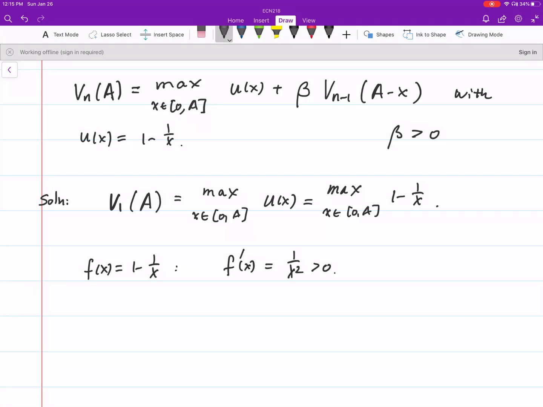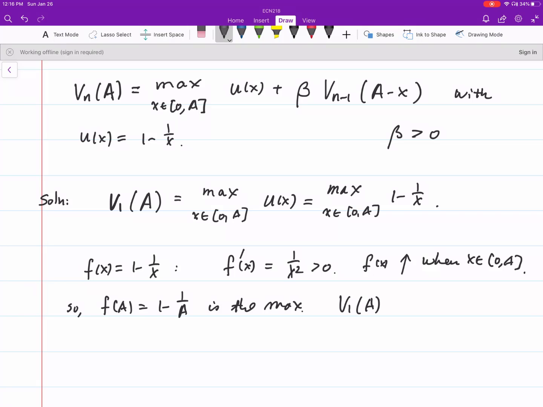So we don't have any critical value between 0 and A. What it means is that f of x is simply increasing when x is between 0 and A. Because it's increasing, f of A is the largest. f of A, which is 1 minus 1 over A, is the maximum. So V1 of A is going to be simply 1 minus 1 over A. This is the starting point.